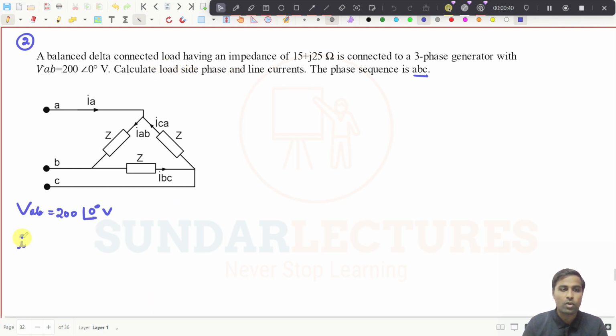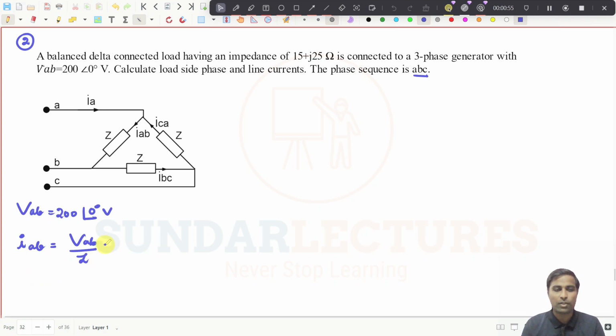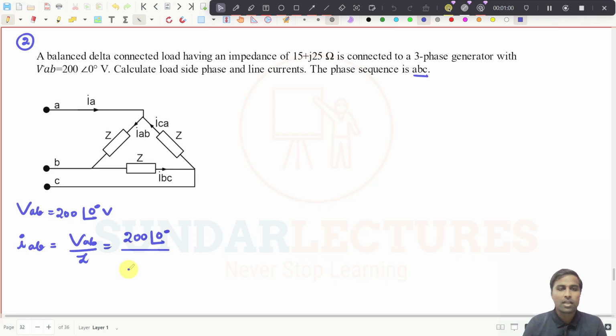So what can I do now? Now I can go for IAB. What is IAB? Maybe I will write the formula anyhow: VAB divided by Z. Very simple, right? Because they have already given you this value. So it is 200 at an angle of 0 degree divided by, if I convert 15 plus j25 ohms, I'm getting 29.15 at an angle of 59.04 degree.